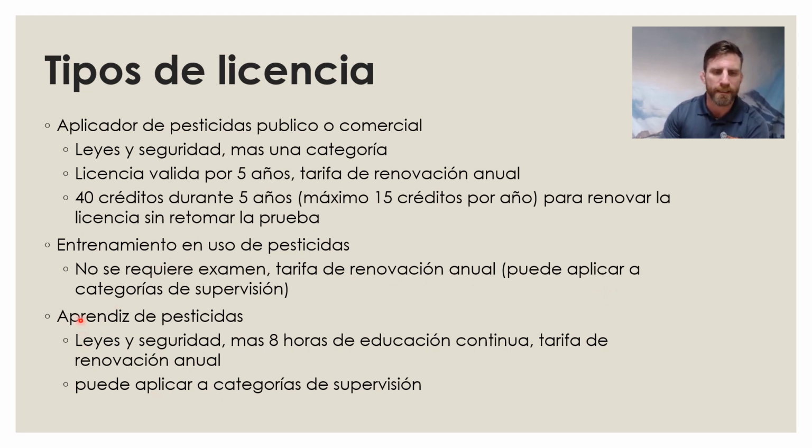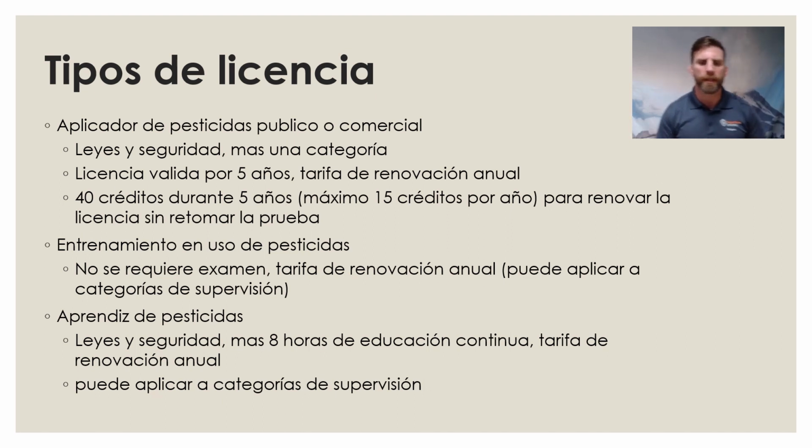A pesticide apprentice, on the other hand, has to have passed the laws and safety portion of the exam and have a total of 8 hours of continuing education done annually. And they also have to pay an annual renewal fee. So all of these licenses require annual renewal. Okay, and the apprentice, like the trainee, can only apply products under the category of their supervisor.